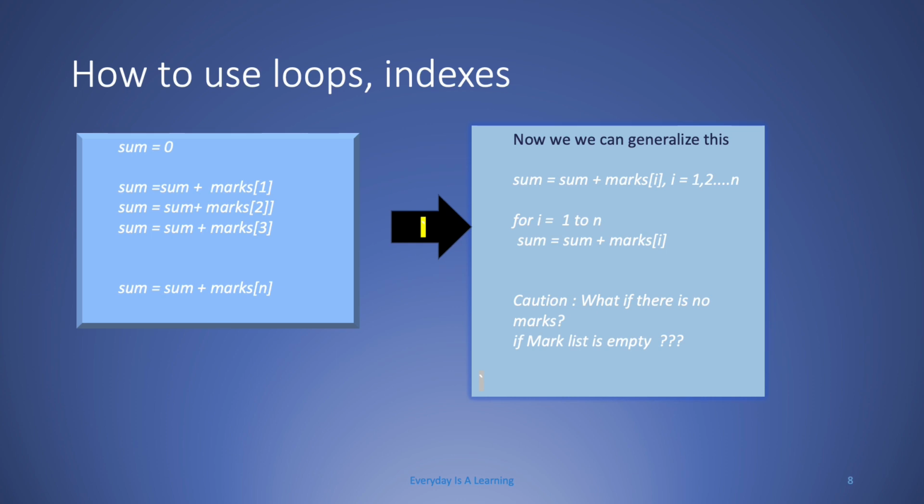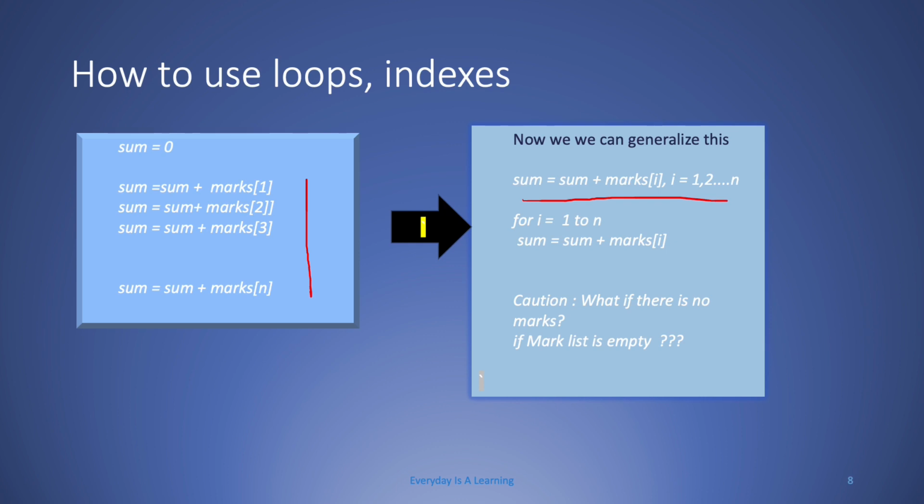Now you can see that we have generalized this for all the values of marks starting from 1 to n. So the generalization is easy: sum is equal to sum plus marks I, and I takes the values from 1 to n.